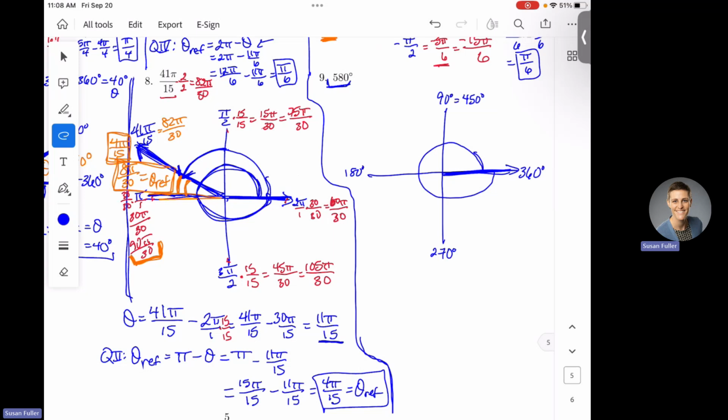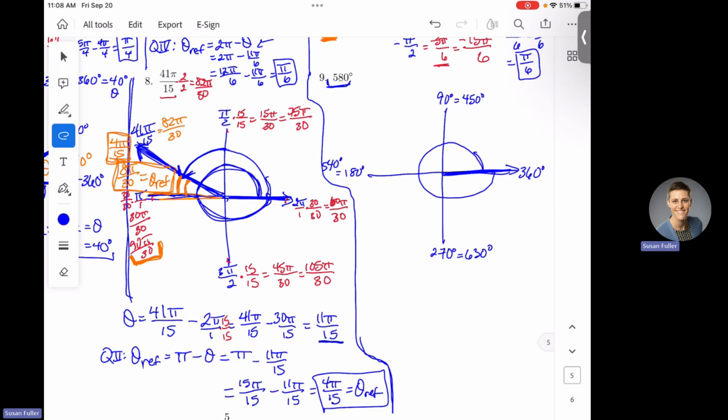And if I do 450 plus 90, this would be 540 degrees. I would still have to go a little further. So if I add 90 to 540 degrees, I would get 630 degrees. And that's far enough, right?